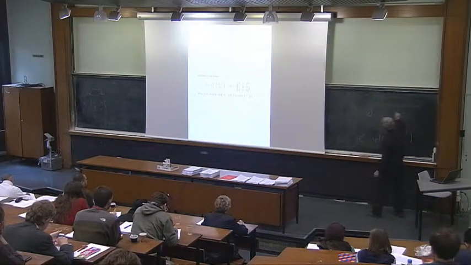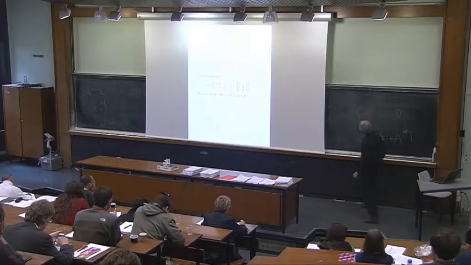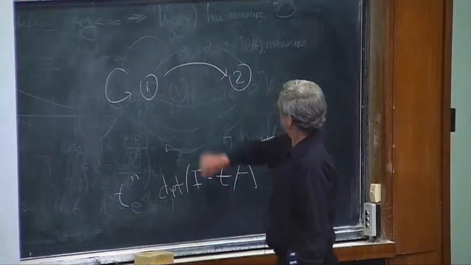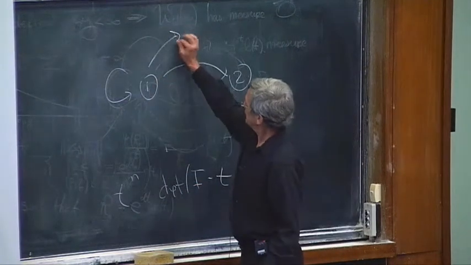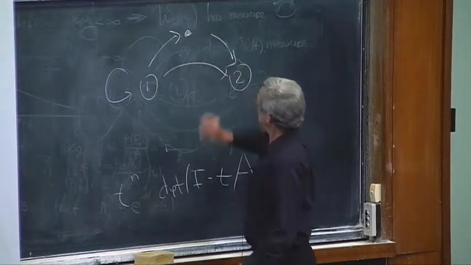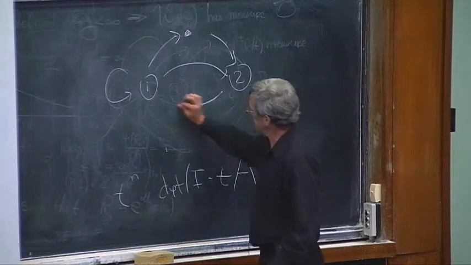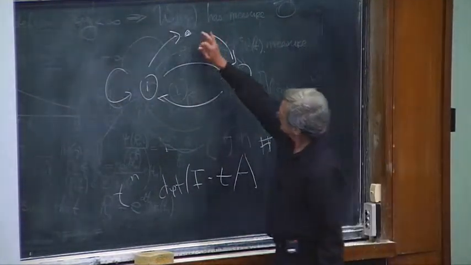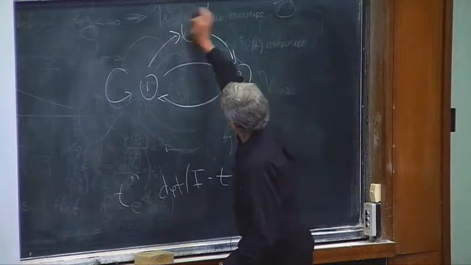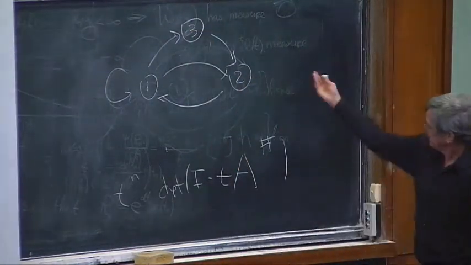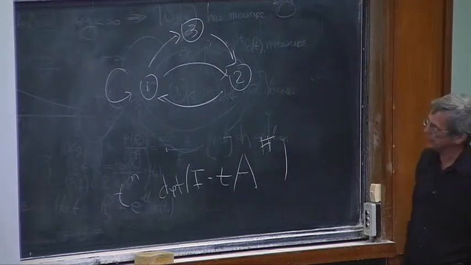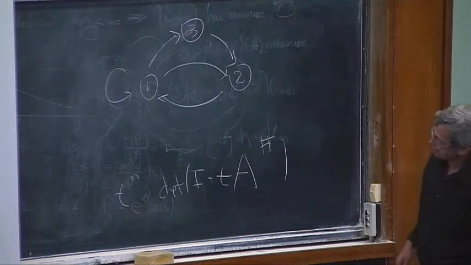So A is telling me that I have an edge from 1 to 1, an edge from 1 to 2, a path of length 2 from 1 to 2, and a path of length 1 coming back. I guess in this case, I don't have to think too hard about the name of this new vertex. And we can write the adjacency matrix A sharp for this directed graph, and there it is.